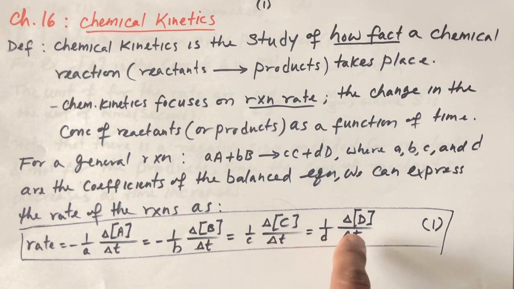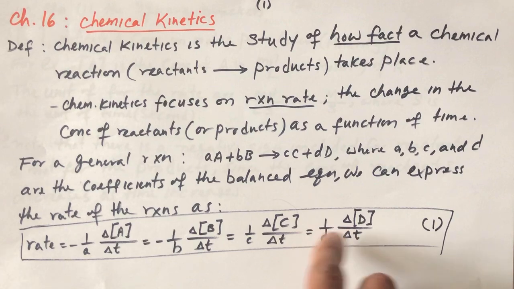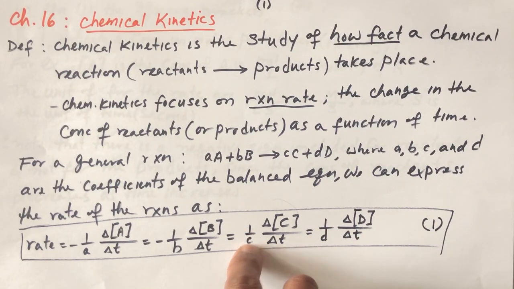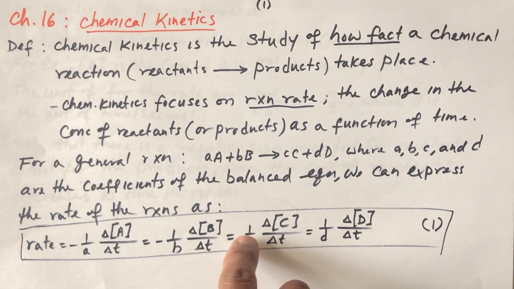But for the product side, we don't include the negative sign. However, we have everything else. We have the inverse of the coefficients, we have the change in concentrations over the change in time, but that negative sign is not there. The reason we don't include the negative sign in the expression of the rate for the product is because as time increases, the concentration of the products increases as well.